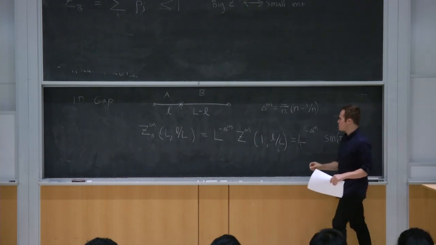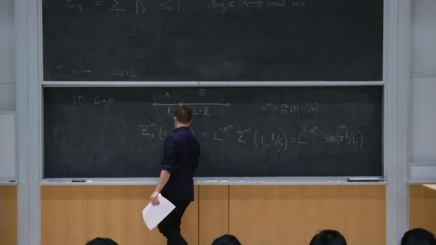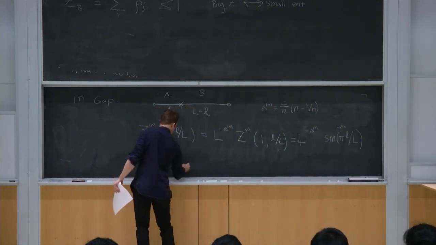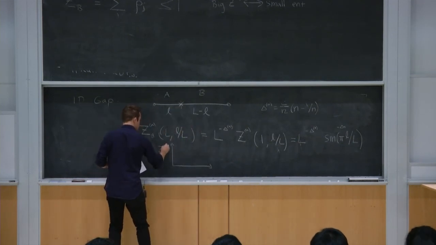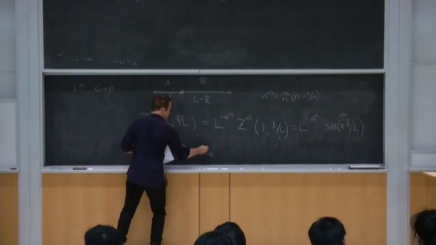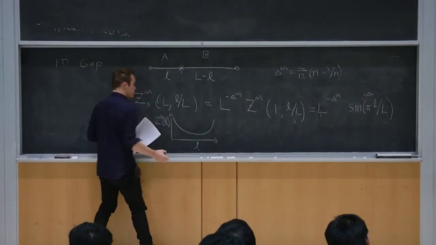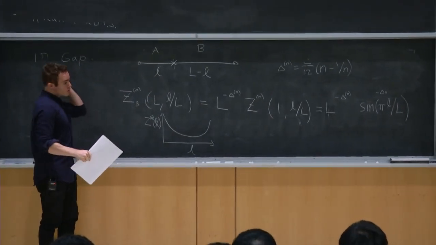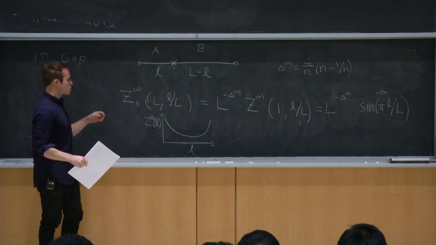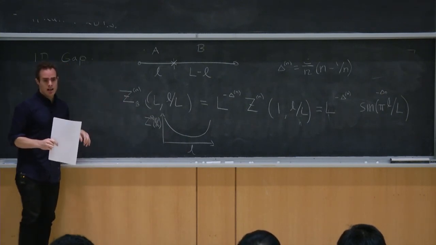So if you were to plot this, Z_n l over L, it does something like this, according to that functional form. So this actually gives a pretty accurate way to extract the central charge from finite size numerics.